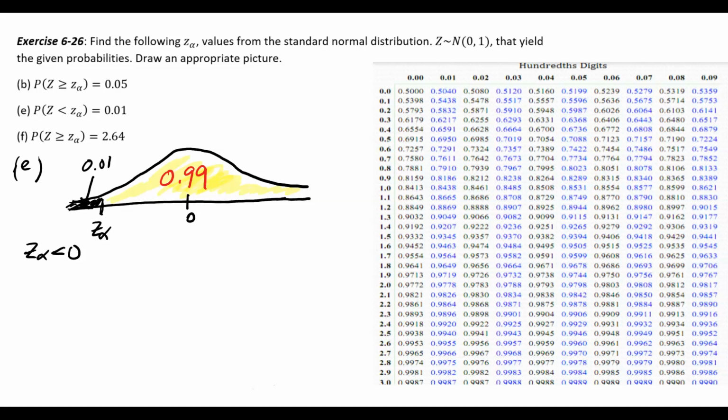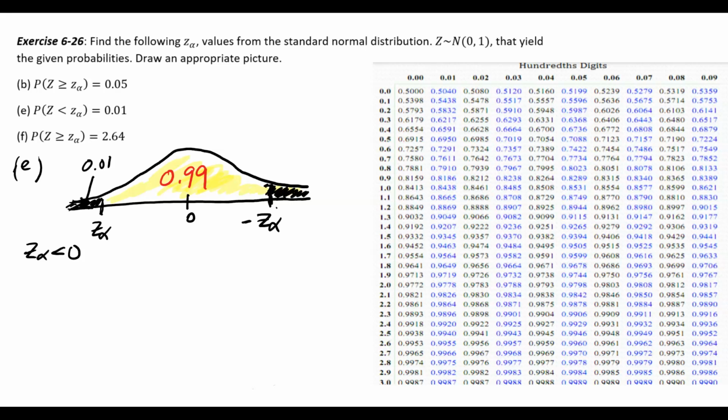Knowing that the normal distribution is symmetric, I know that there's a corresponding value, and it will have to be the negative of z sub alpha. Since z sub alpha I know is negative, I know that to the right of 0, I'm going to have negative z sub alpha, and that's going to be the same area that we're looking for.